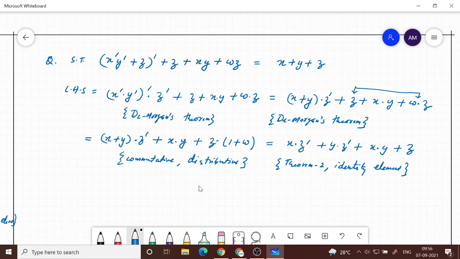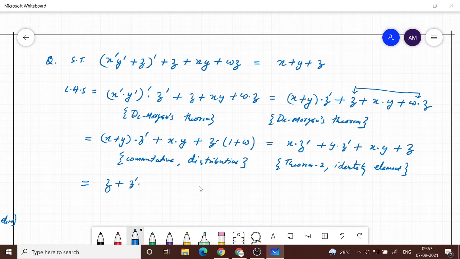Okay, so let's do like this. This is equal to, so I am taking this last term z and bringing it here, z plus, and then I have z dot.